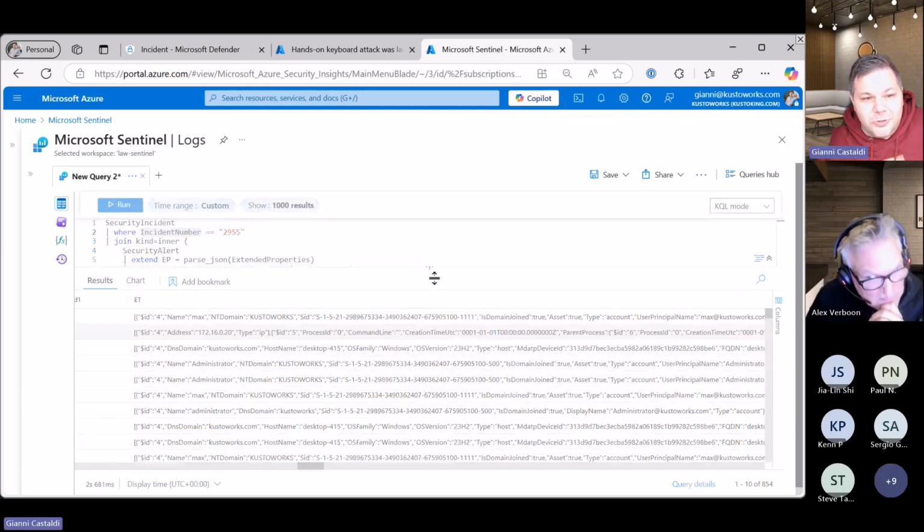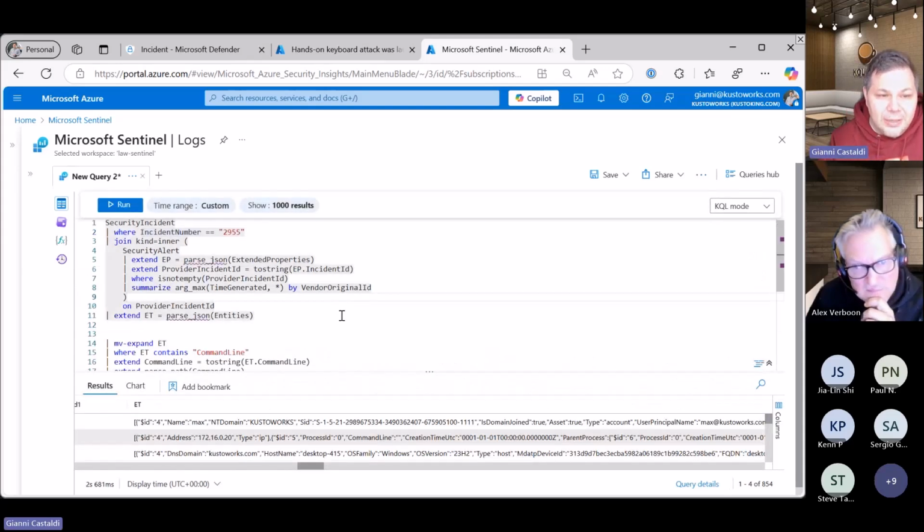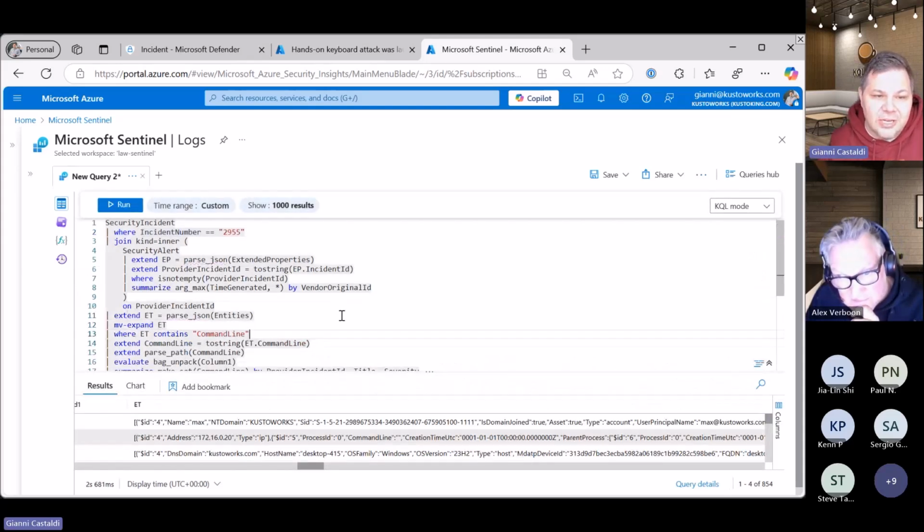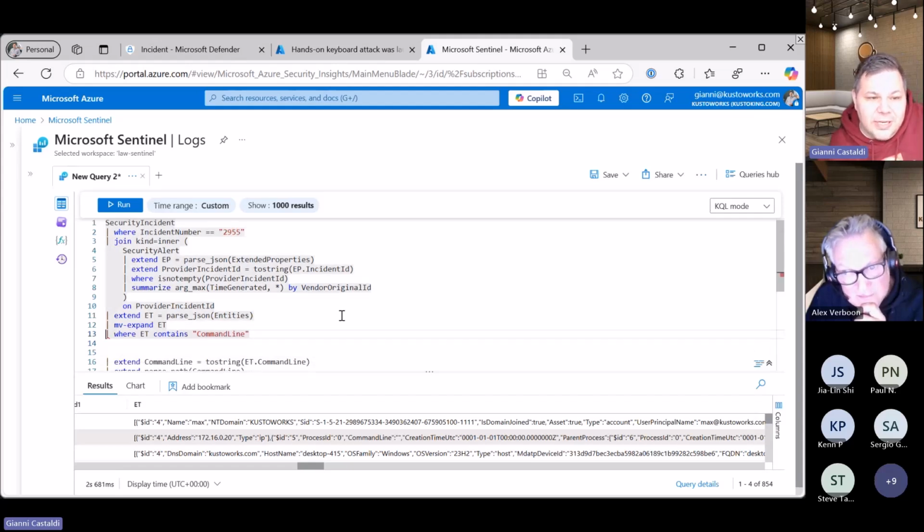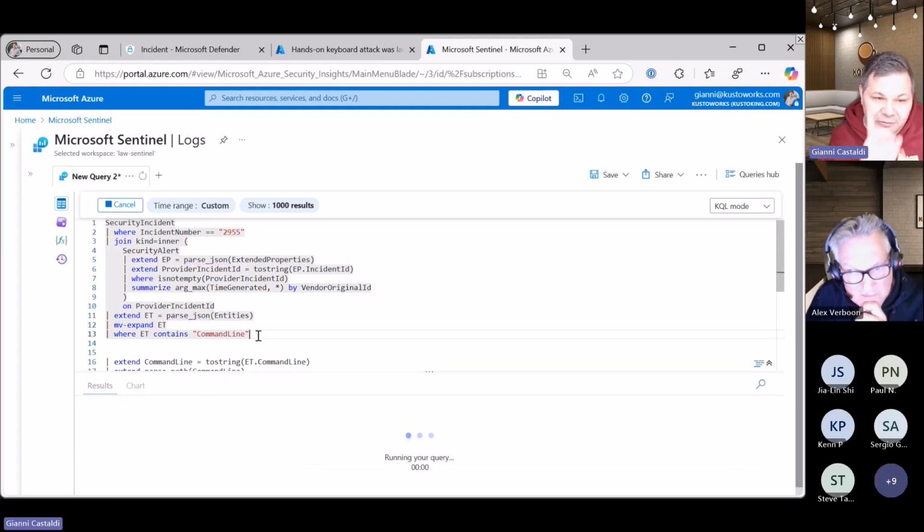And next, I wanted to see everything that contains a command line. So I first expanded this dynamic array, then just returned everything that relates to a command line.